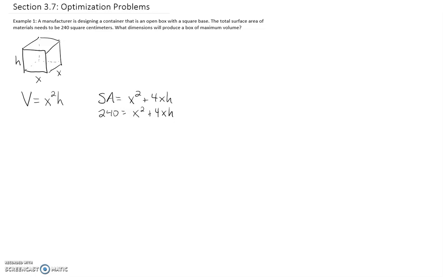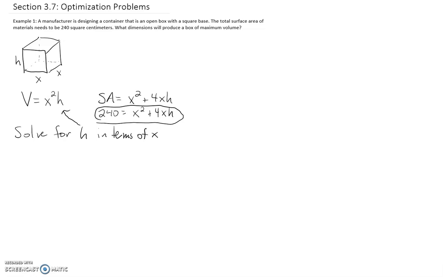So our goal now is to solve for h in terms of x. This will allow us to turn our volume formula into just terms of x. The thing we have available is this surface area formula, so we can use it to solve for h.